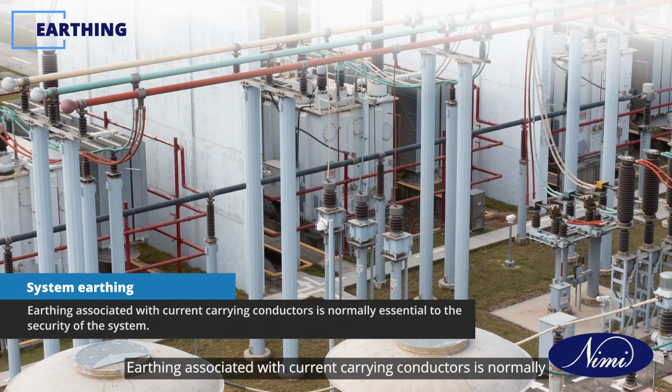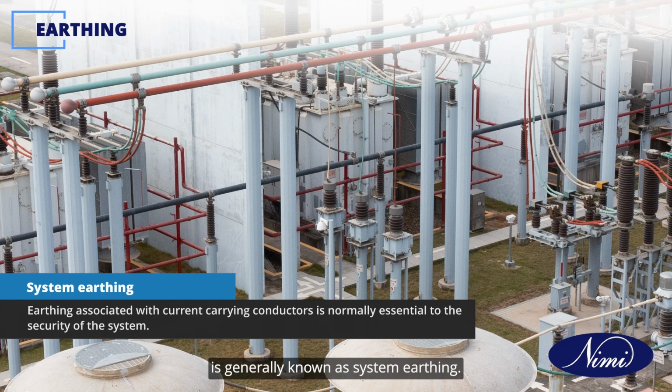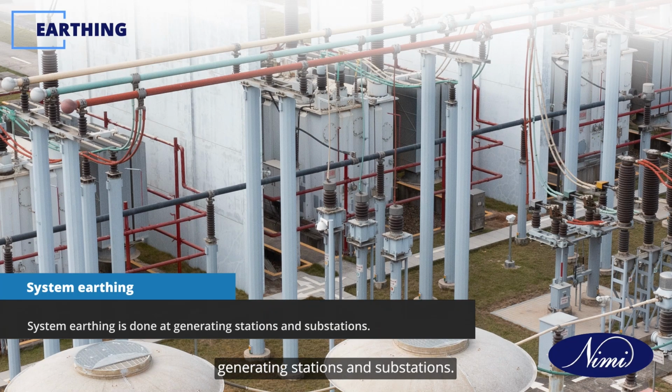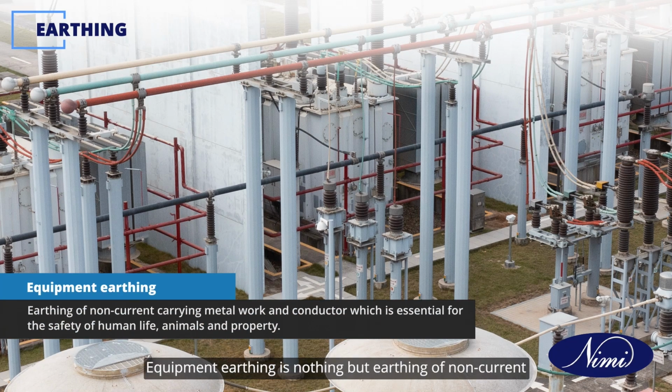Earthing associated with current carrying conductors is normally essential to the security of the system and is generally known as system earthing. System earthing is done at generating stations and substations. Equipment earthing is nothing but earthing of non-current carrying metalwork and conductor, which is essential for the safety of human life, animals, and property.